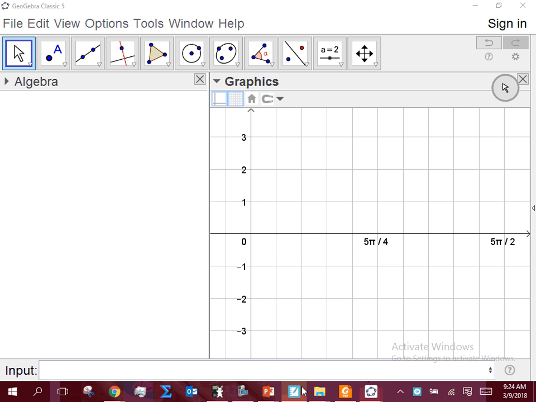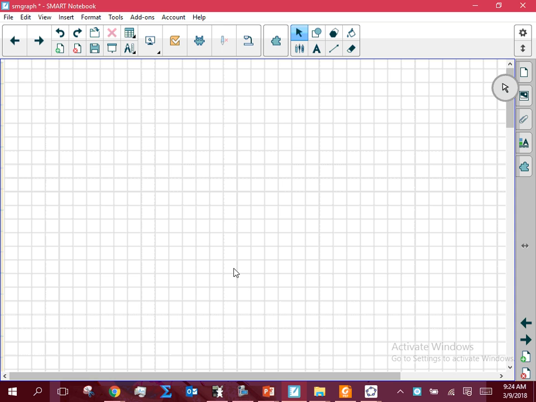What I want you guys to understand is that the creation of the tangent function comes solely from looking at that function there, and we're going to graph that one here in a moment.